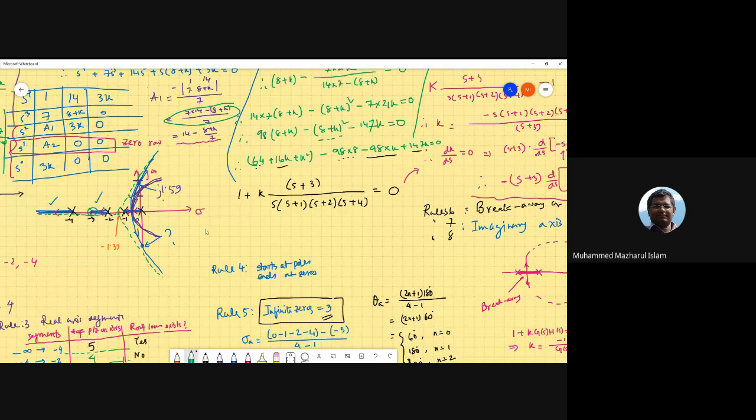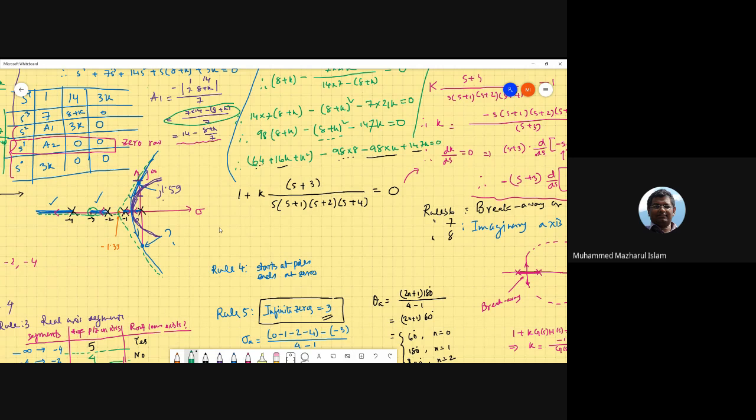Again, for other systems, maybe you won't have to calculate the crossing points, or you don't have to utilize rule 6, breakaway points. So rules 1 up to 5 could be used for most root locus plots.